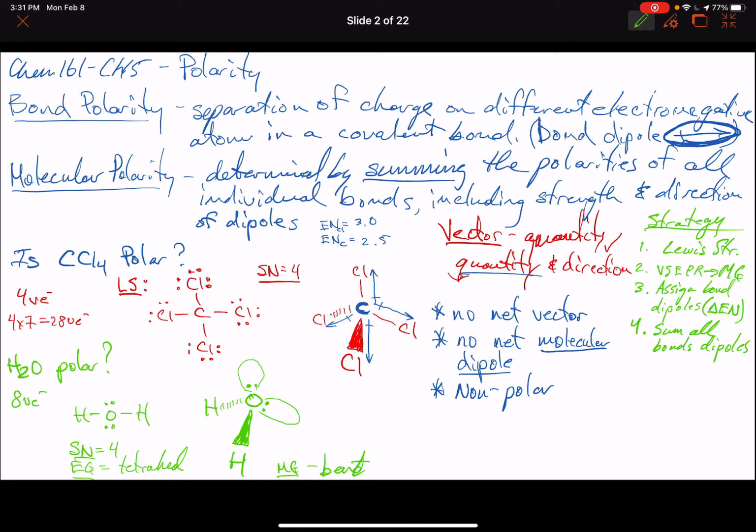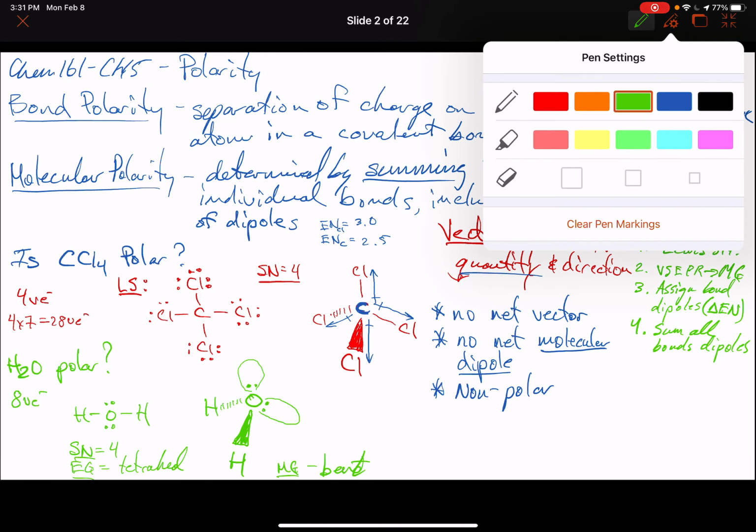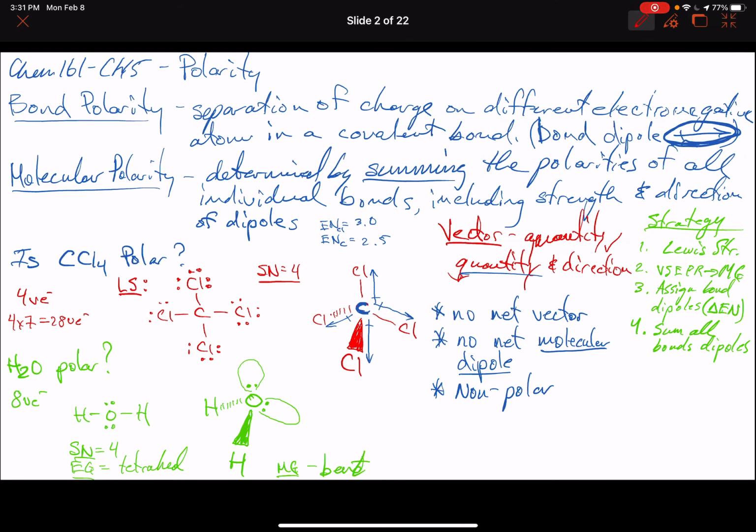Okay. We can apply bond dipoles. So we know oxygen is more electronegative than hydrogen. So we expect individual bond dipoles as such, polarizing each OH bond towards the oxygen.